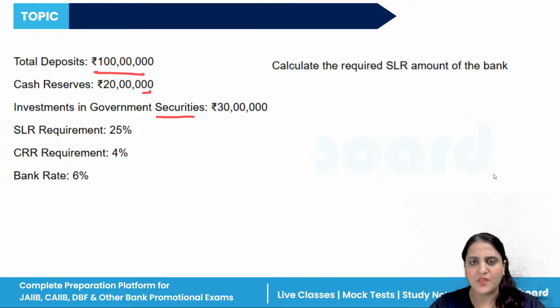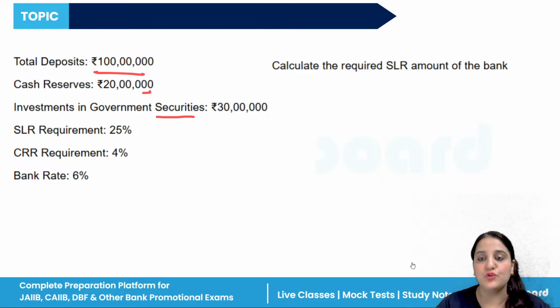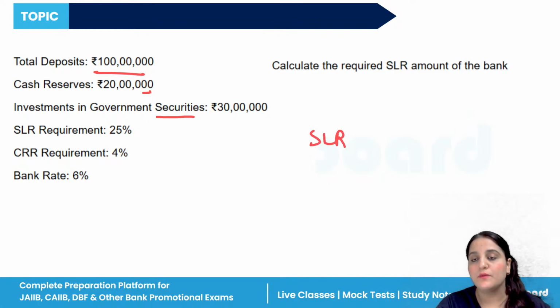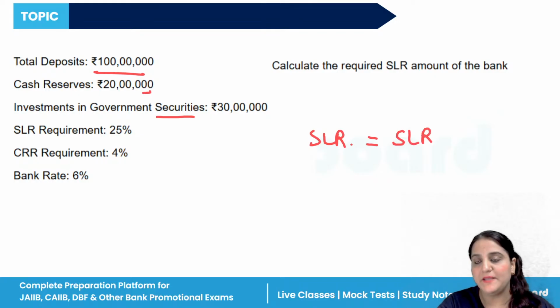Very simple. SLR is always calculated as a percentage of NDTL, net demand and time liabilities. Correct? So simple. What we have to do, SLR is equal to SLR multiplied by this NDTL.